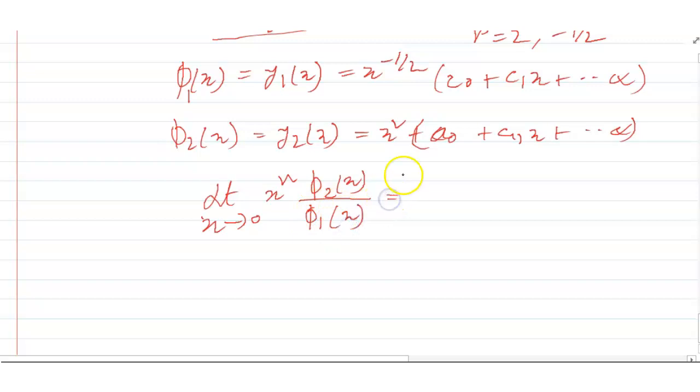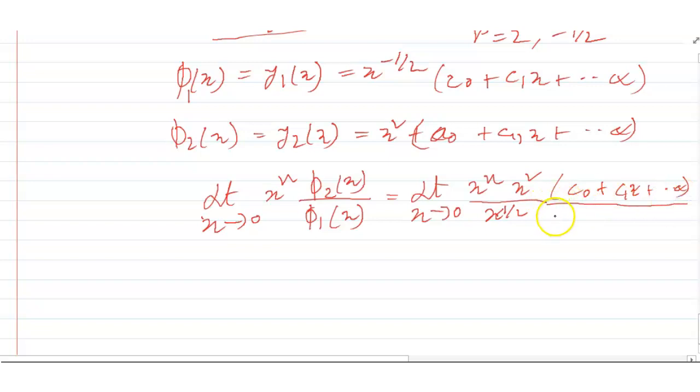Whatever I get, I can write this way: limit x tends to 0 of x to the power n into x square divided by x to the power minus half, and the other part is c0, c1x, etc. up to infinity, and a0 plus a1x up to infinity.